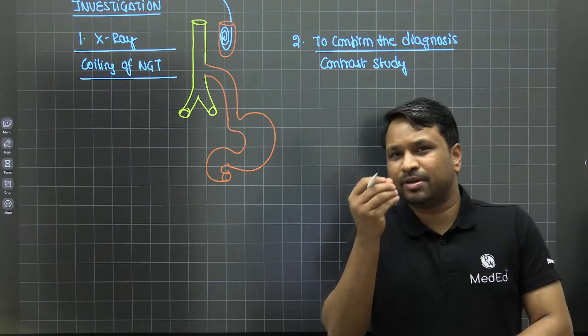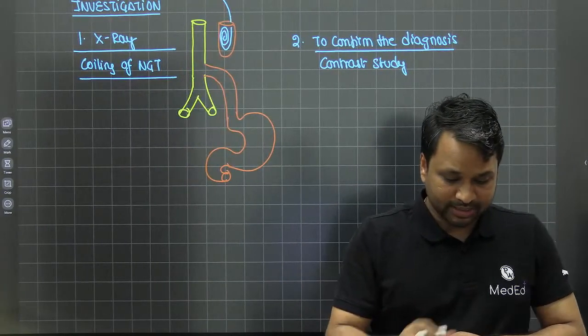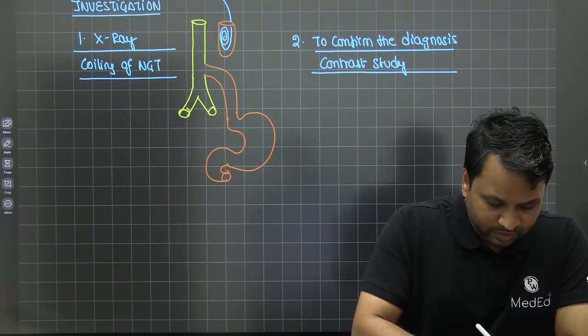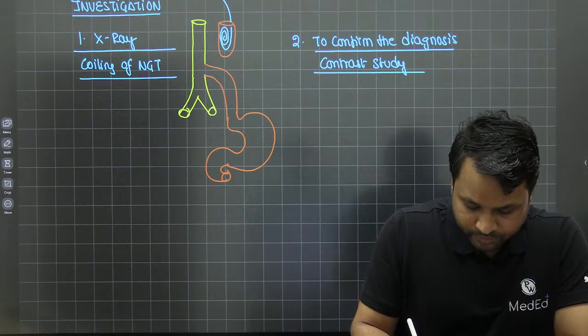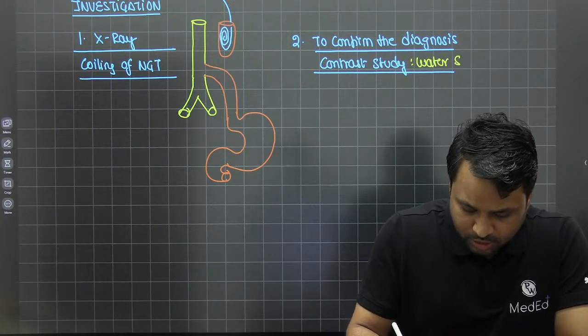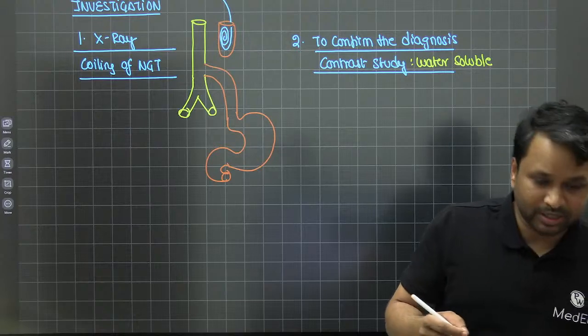So I will give this baby a small amount of contrast to swallow and see where exactly the contrast is going. Now, when you talk about the contrast study, always we are going to give a water soluble contrast. There has been debate about what is the best contrast that you can give.